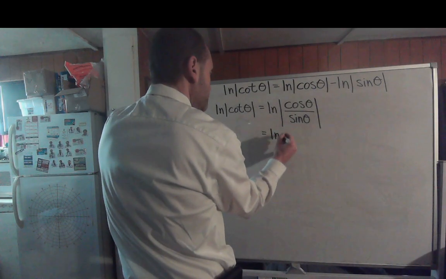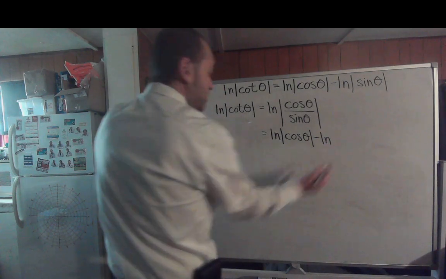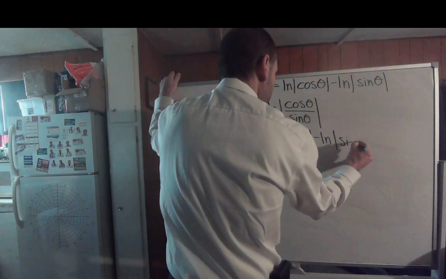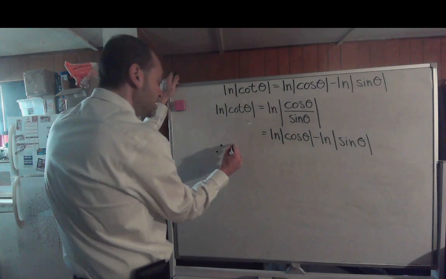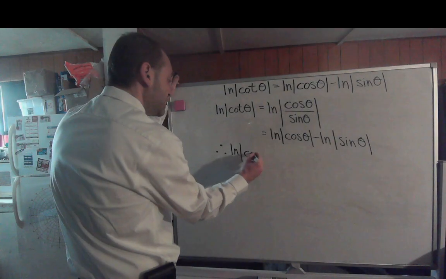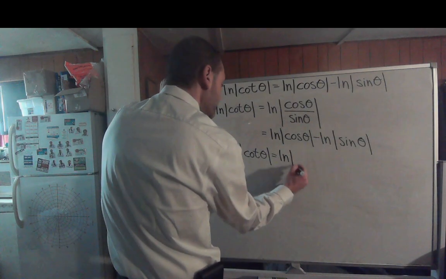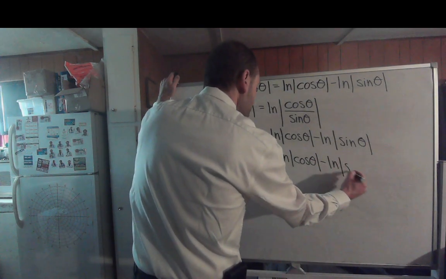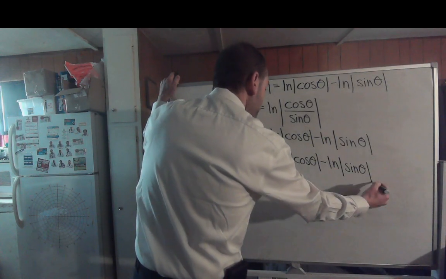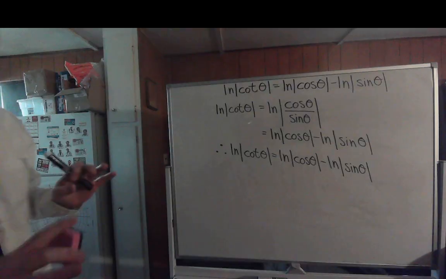So this would separate into the natural log of the absolute value of the cosine of theta minus the natural log of the absolute value of the sine of theta. So we can say, therefore, the natural log of the cotangent of theta is equal to the natural log of the cosine of theta minus the natural log of the sine of theta. So again, these logarithmic identities are going to come up all the time in calculus, so these are very important.